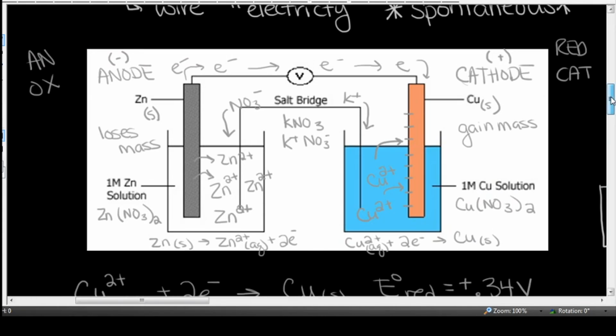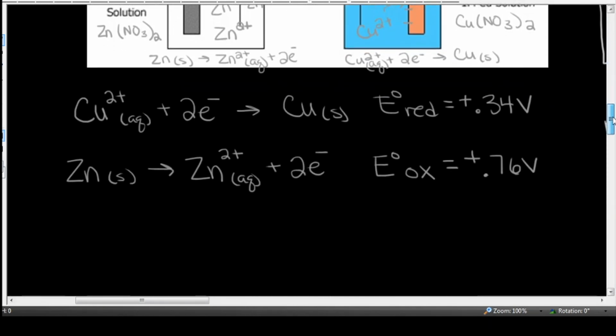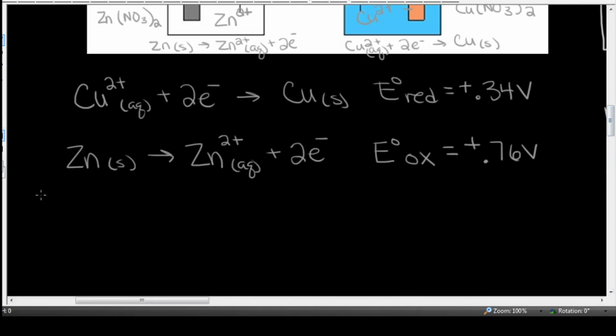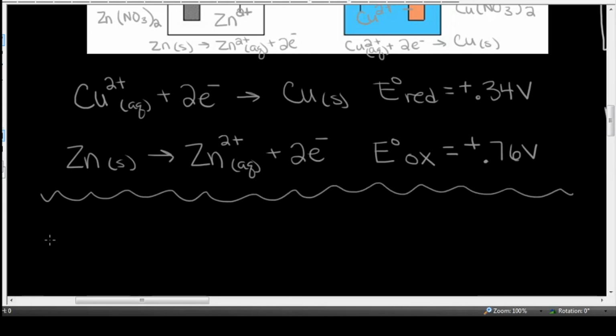And all we have to do to figure that out is just look back down here at our two half reactions. If I were to sum up these two half reactions, I would see my electrons cancel out. And overall, essentially what I have are copper ions and zinc solid producing copper solid.